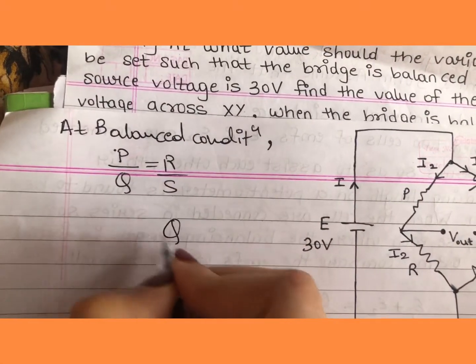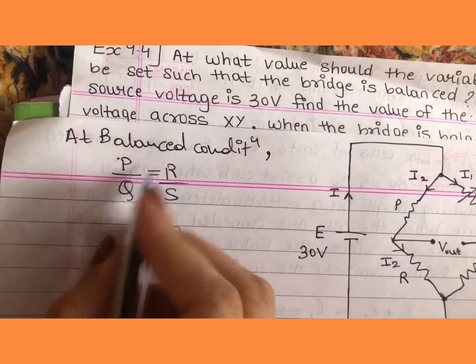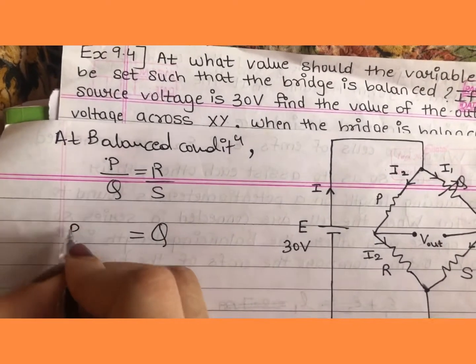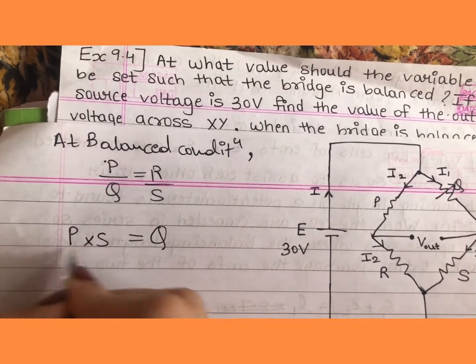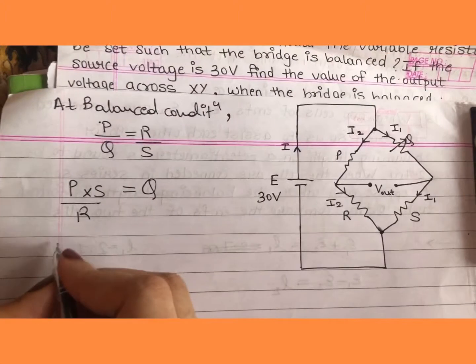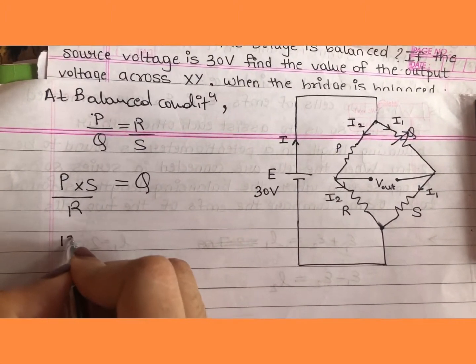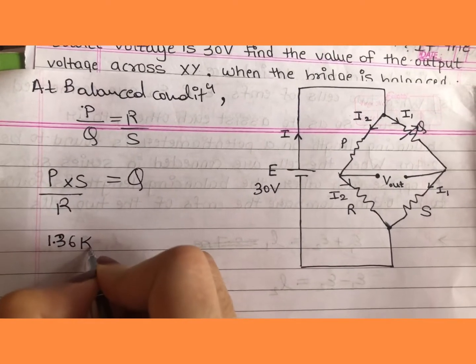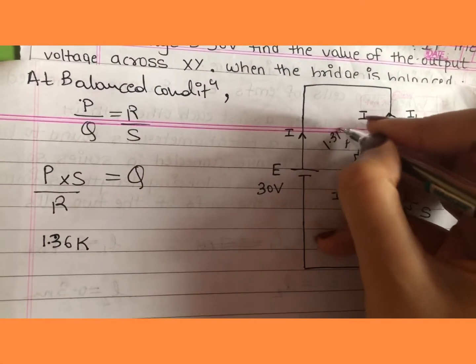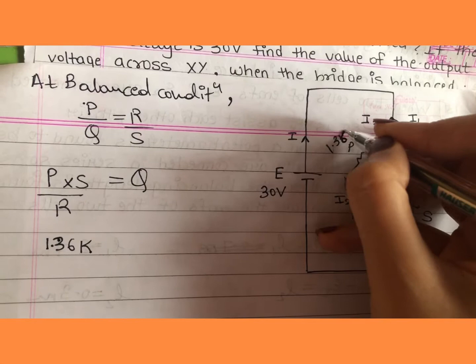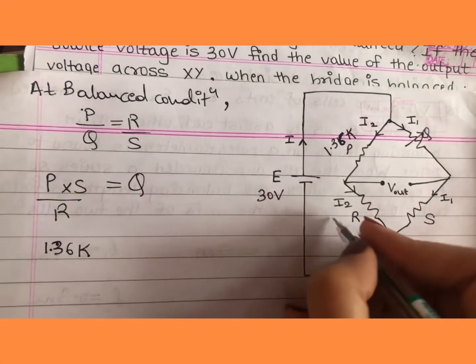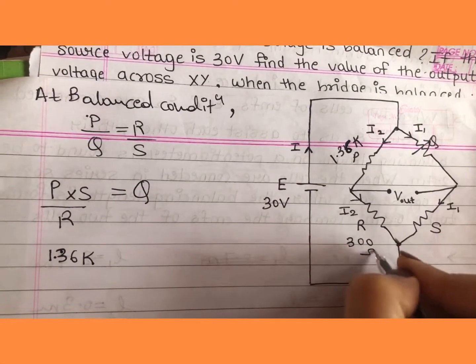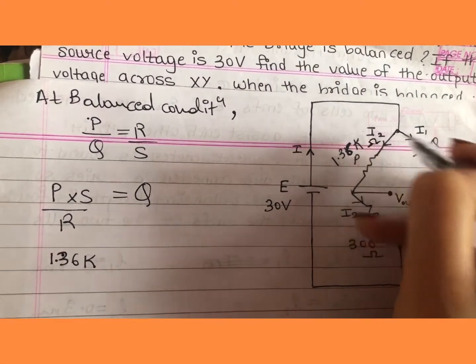Now Q is the variable resistor. We want to find out the value of Q. So to find the value of Q, we'll take Q on the right hand side. So what we'll have on the left hand side? P into S upon R. Now we have the value of P, that is 1.36 K. Value of R is 300 ohm.